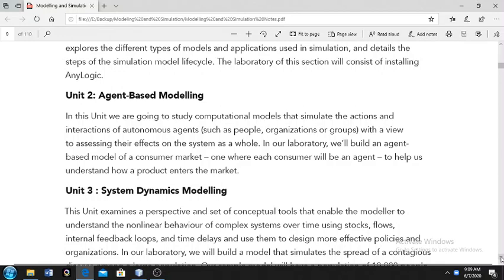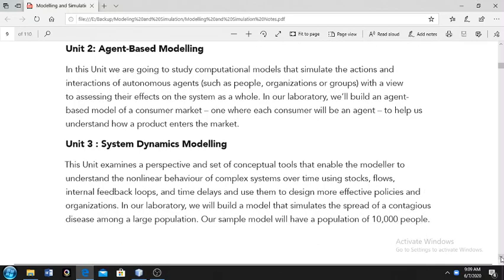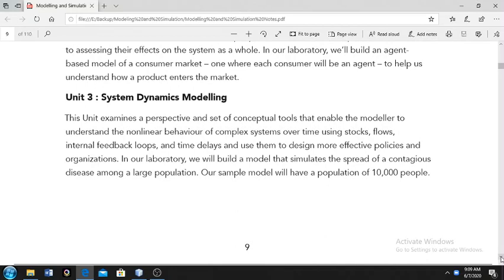In our laboratory, we will build an agent-based model of a consumer market, one where each consumer will be an agent, to help us understand how a product enters the market. For example, those in business, this is a very good example, applied to business.